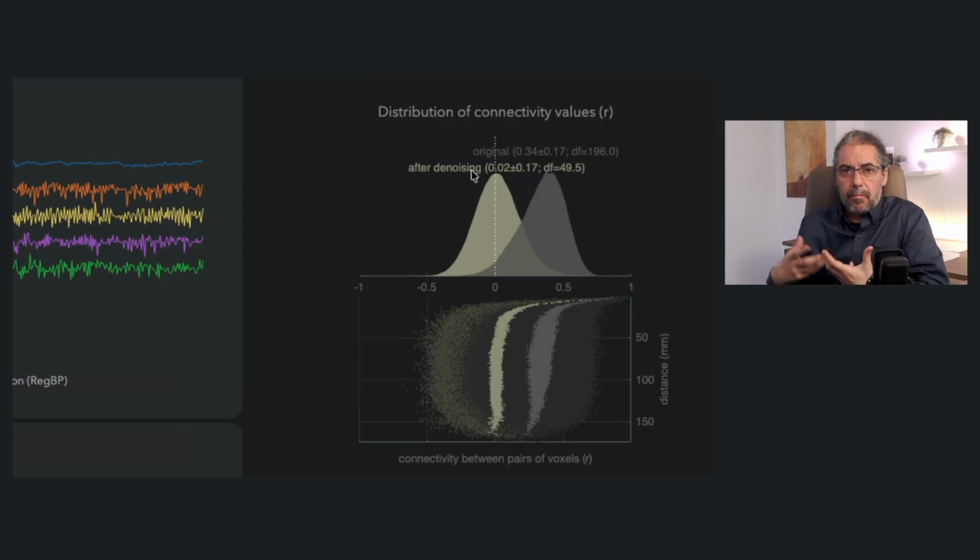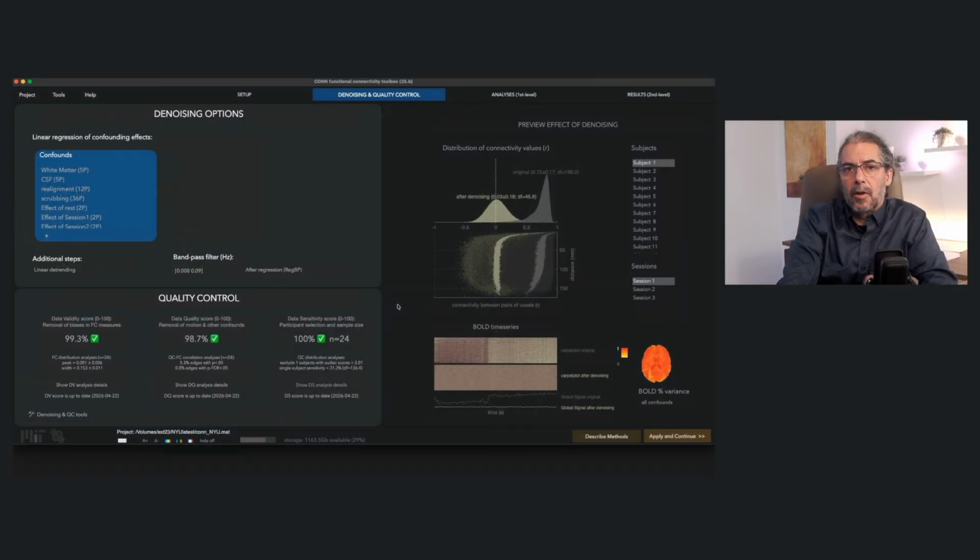And the idea is that after denoising, we hope that the data will be appropriately centered. And we quantify that level of centeredness of the data, the absence of potential biases in functional connectivity estimates, by measuring precisely the peak, the location of the peak or the mode of this distribution, and measuring its distance from zero. And then we'll compute those distances across all subjects.